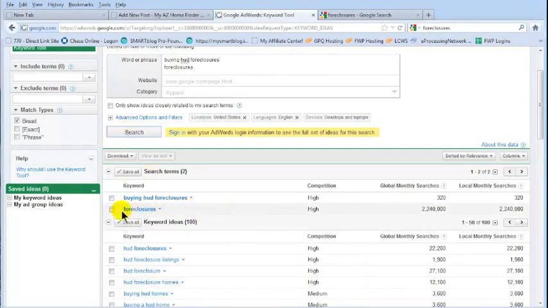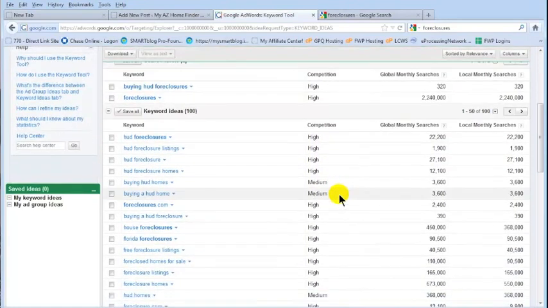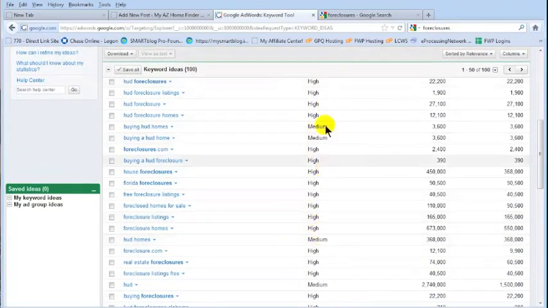And there you'll see, again, foreclosures, 2.4 or 2.2 million searches, very high competition for buying HUD foreclosures, okay? Now, what these other numbers can tell you, so where you really want to look is highly competitive terms, meaning there's lots of websites that are optimized for that. The only way to really tell how many, and also what they're paying in the search engine.